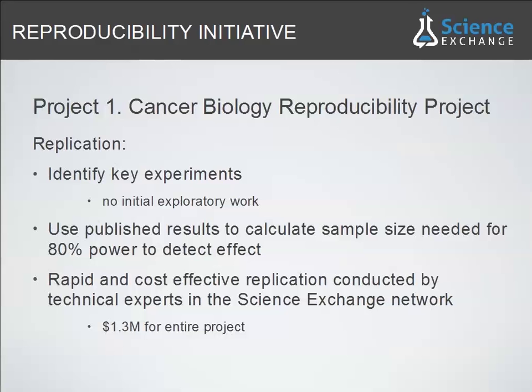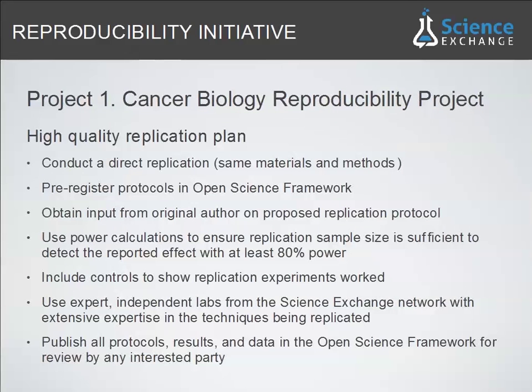What happens is we do a high-quality replication. We use a direct replication using the same materials and methods as in the original study. We pre-register protocols in the Open Science Framework, and the studies are peer-reviewed in the journal eLife.